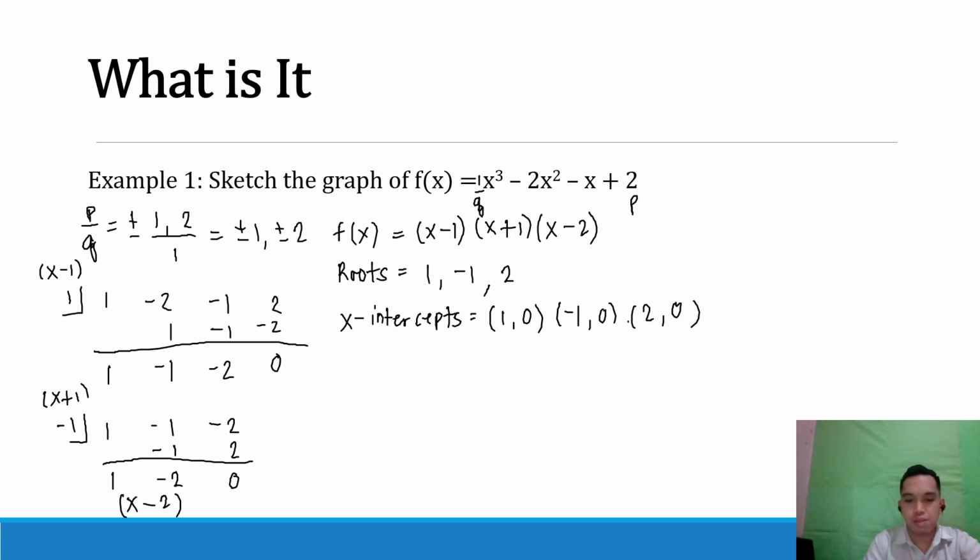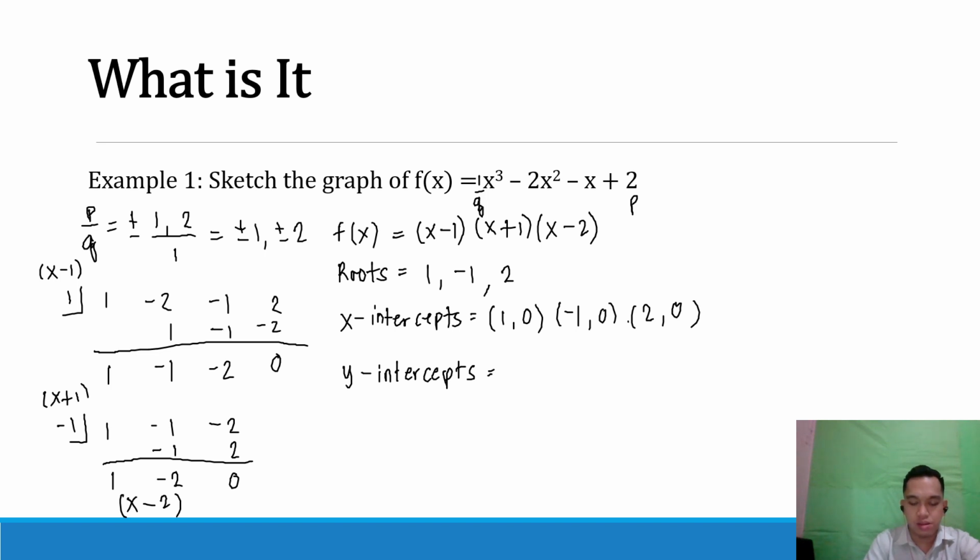Then, to find the y-intercept, we already have the x-intercepts. To find the y-intercept, in our polynomial function, just replace x with 0.